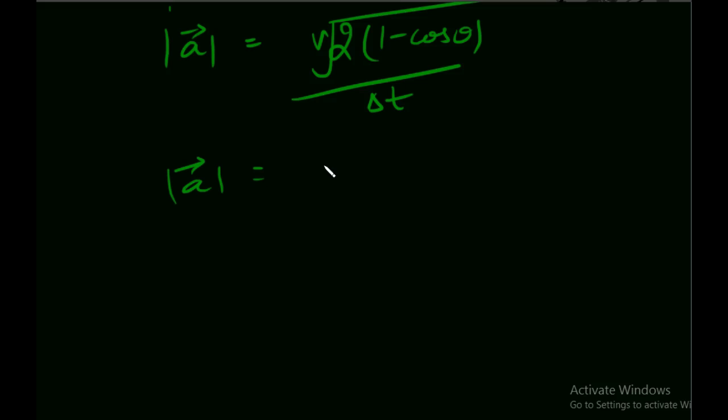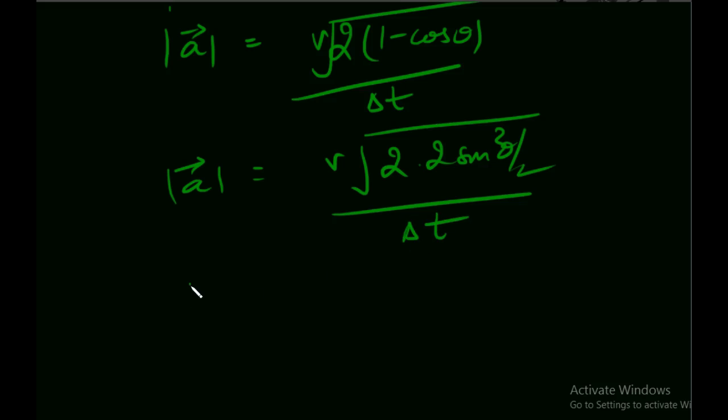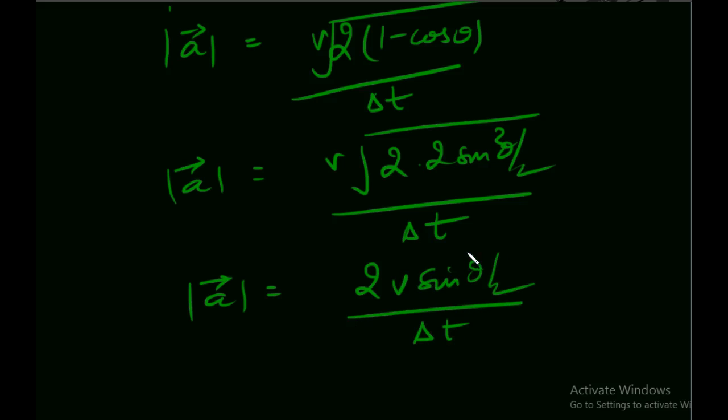Mod A would be equal to V root of 2 times 2 sine square theta by 2, by delta t. This would be 4, this comes out 2 sine theta by 2, V by delta t.